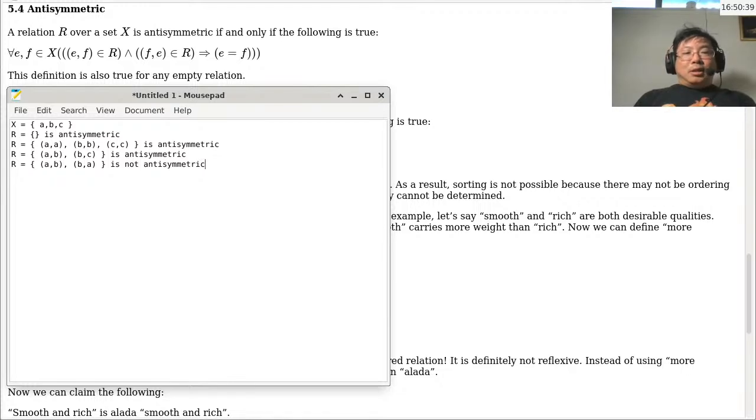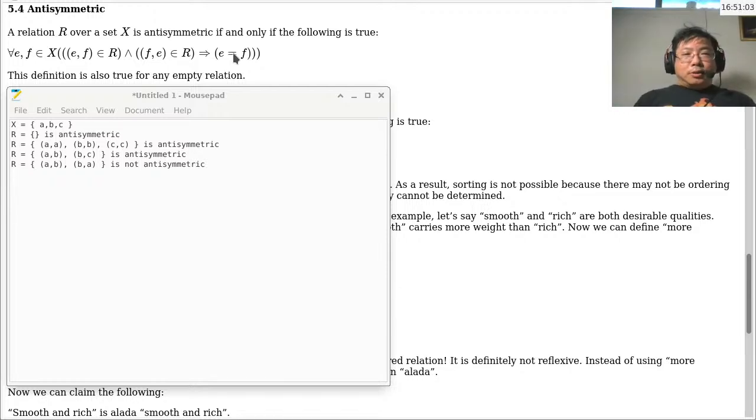But A and B are not the same. So now we have the conjunction on the left-hand side of the implication being true, but the equality on the right-hand side of the implication is false. True implies false is the only time an implication will give you a value of false. So there's that.